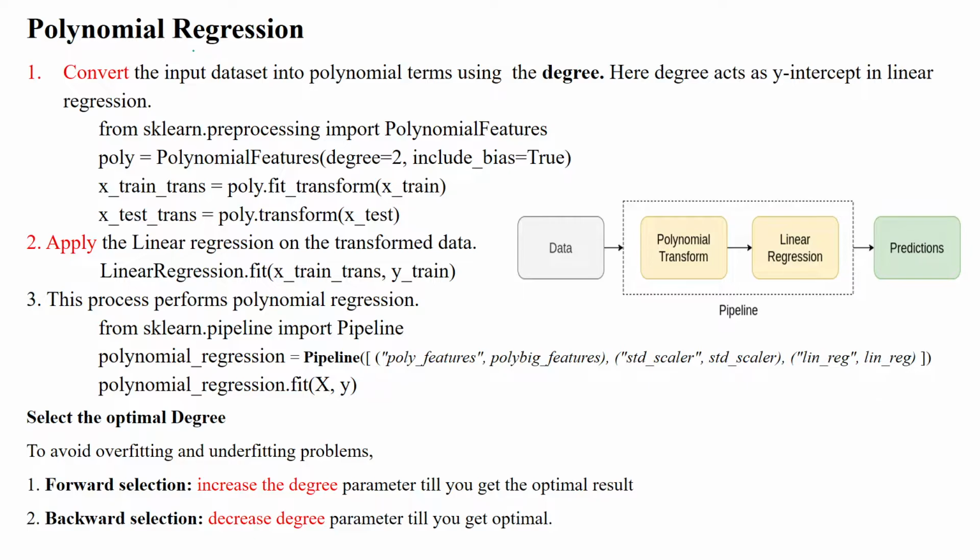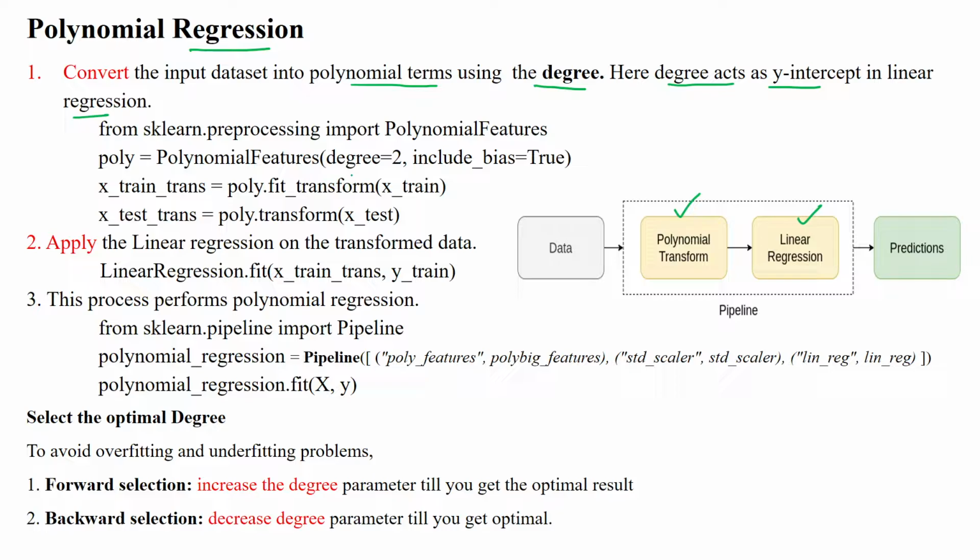Here the polynomial regression is applied in Python by using a combination of polynomial transformation and linear regression. First, we convert the given data set into polynomial terms using the degree of the polynomial equation. Here the degree is acting like the y-intercept in linear regression.